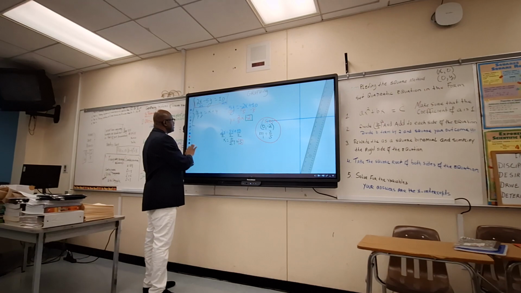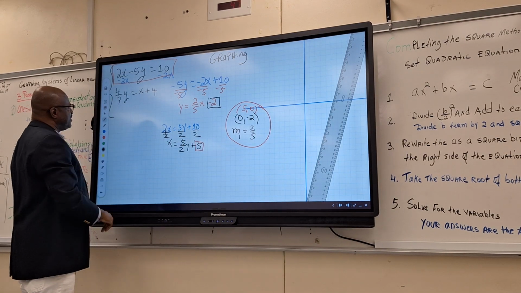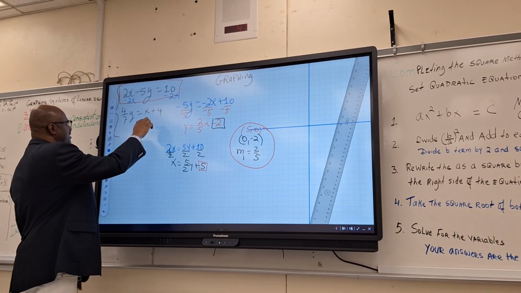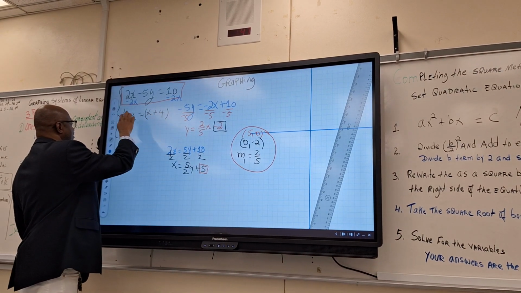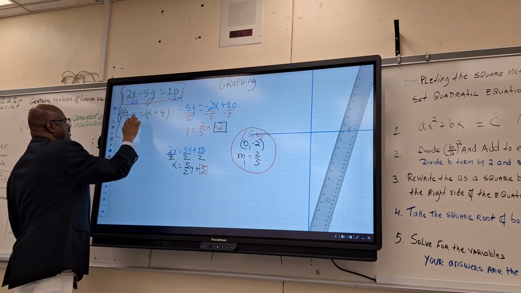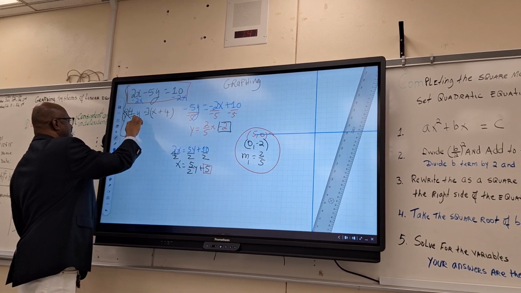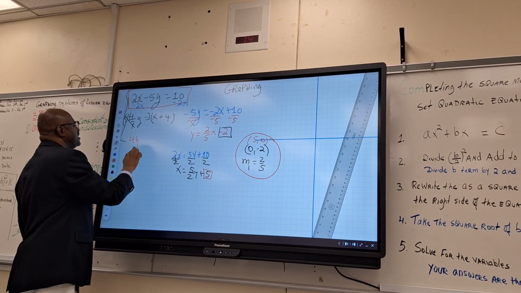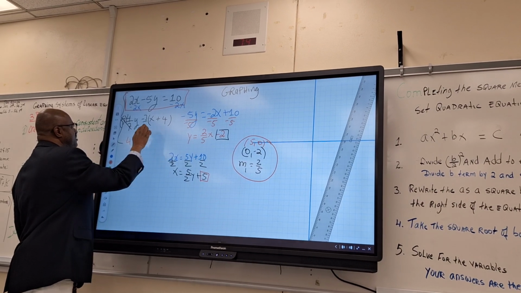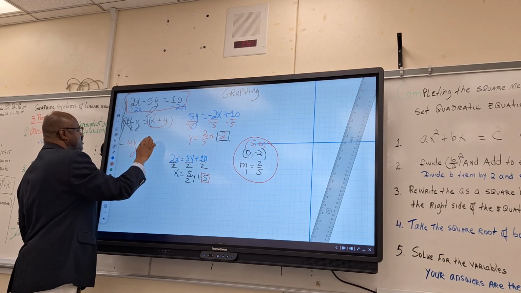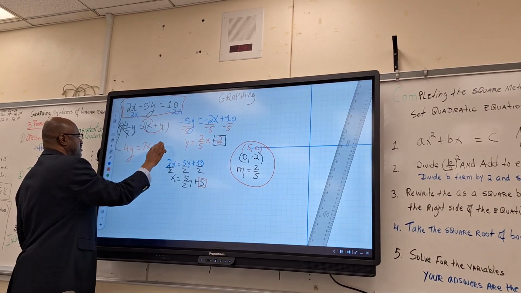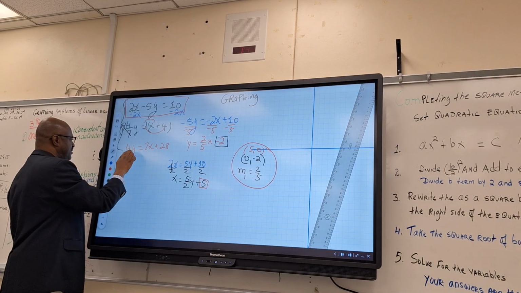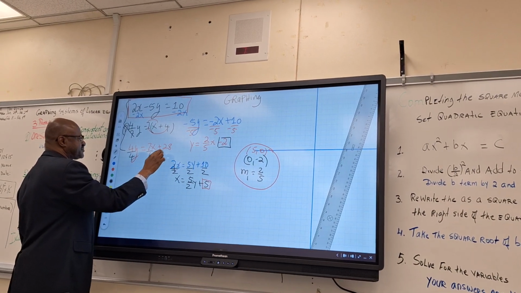So, in this one, y is already almost by itself, then what will you do? You will multiply by what? By 7. Multiply this by 7, and multiply this by 7. This will cancel out. You will end up with 4y equal 7x plus 28. Then how will you find y by itself? Divide by 4.